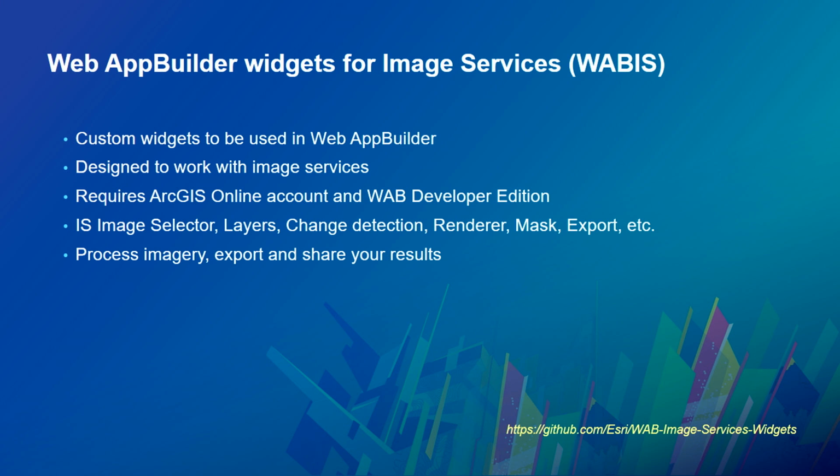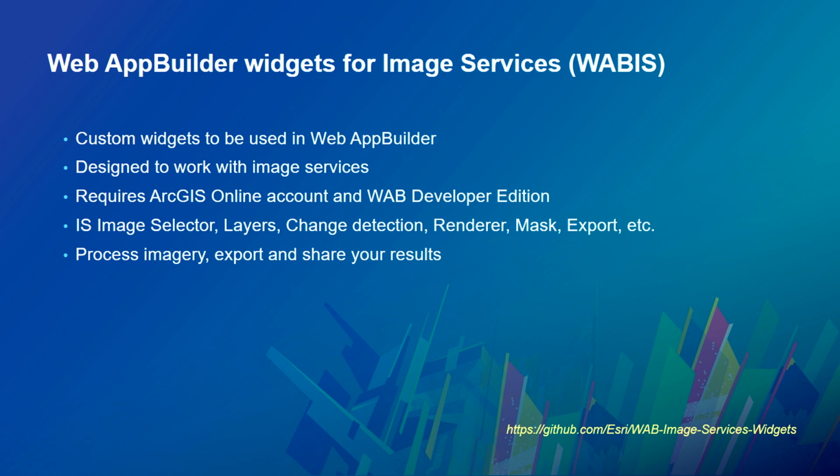With the Web AppBuilder Developer Edition, you can have access to the Web AppBuilder image services widgets, which we call WABIS. It is a set of custom widgets to be used in Web AppBuilder that are designed to work with image services. For example, the image selector widget allows you to search an imagery layer by a field, as well as set primary and secondary layers.